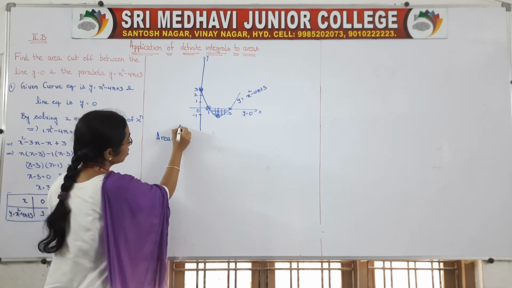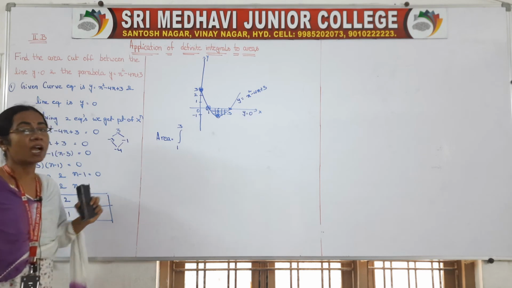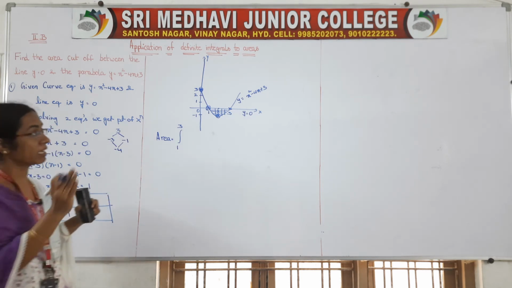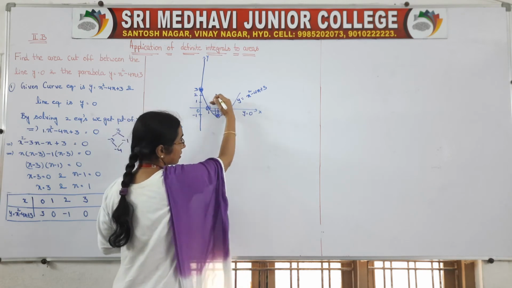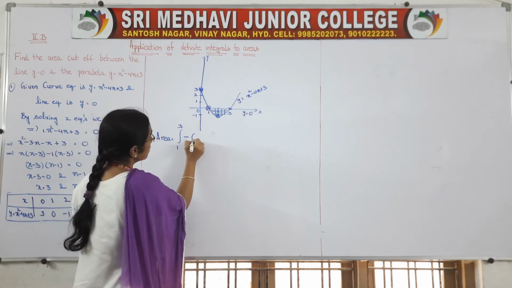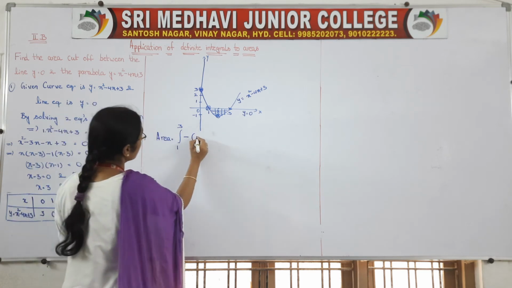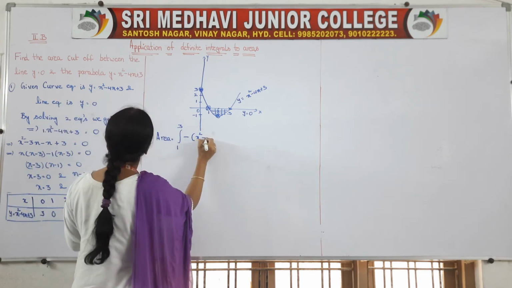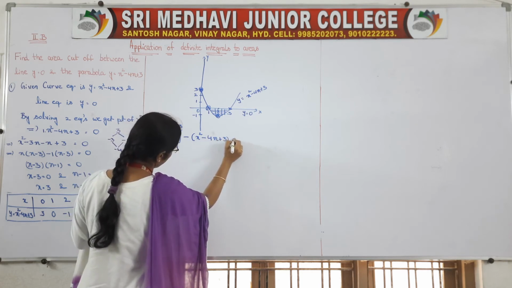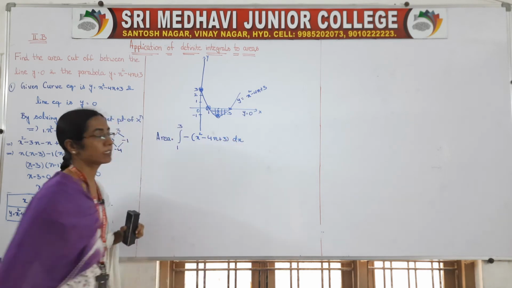And for the curve equation, we have to take a minus, since the area is below the x-axis. So minus of, what is your equation? It is x squared minus 4x plus 3 dx.